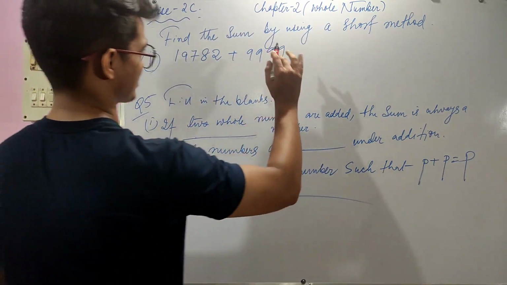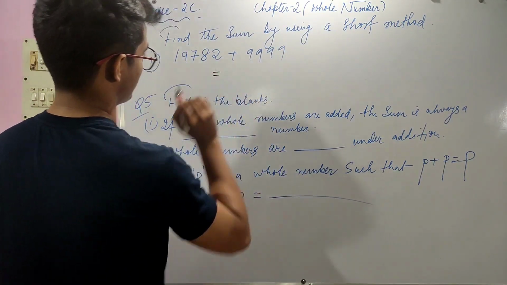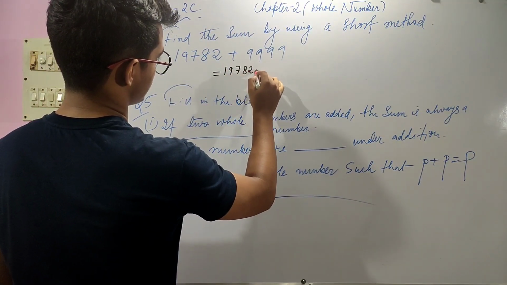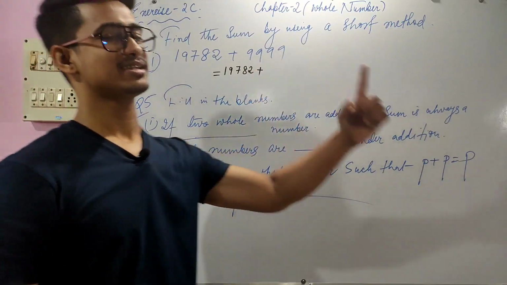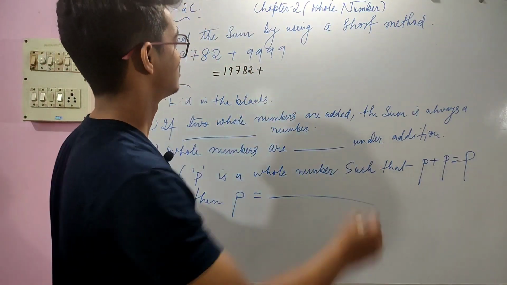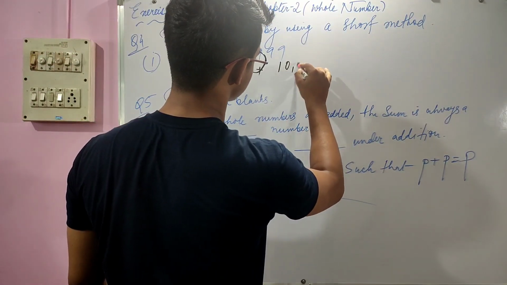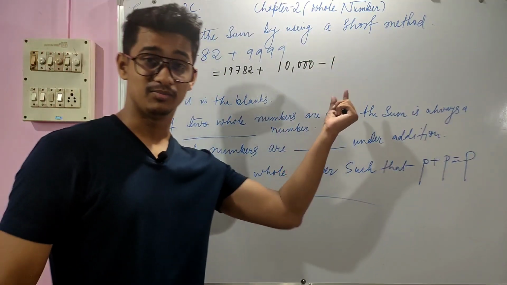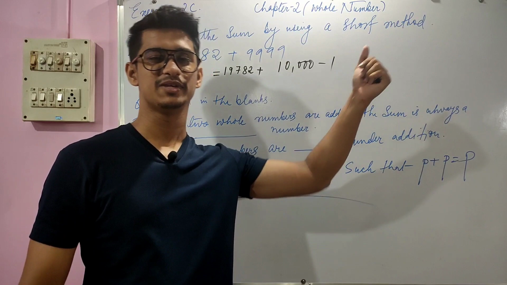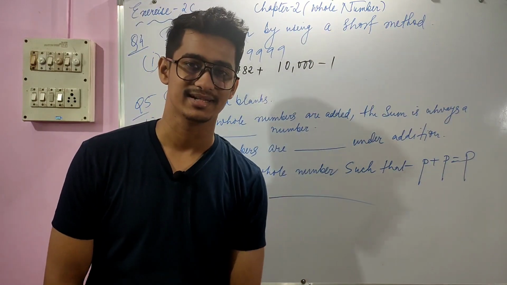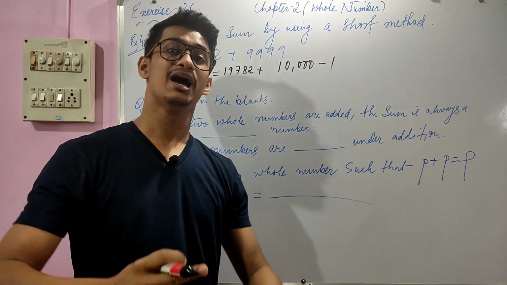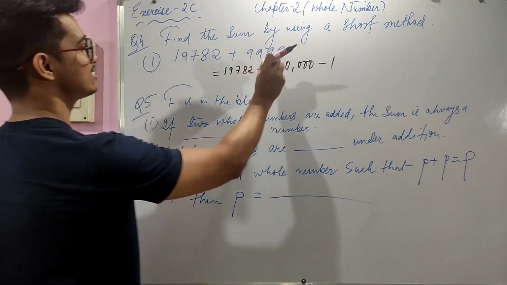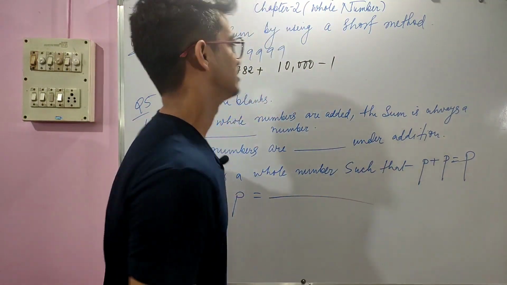So here, now see, 19,782 will remain same, and we can write 9,999 like 10,000 minus 1. 10,000, the previous number of 10,000 is basically 9,999, which is the predecessor of 10,000.